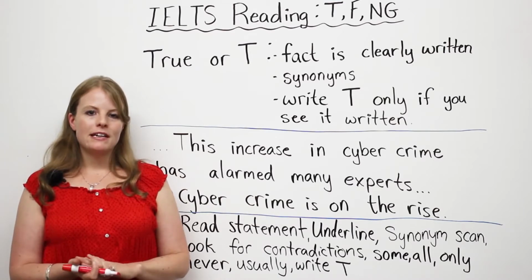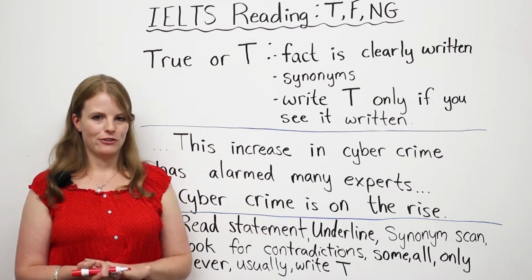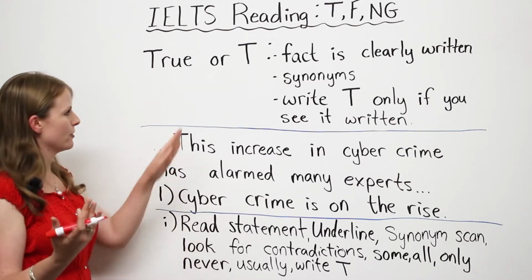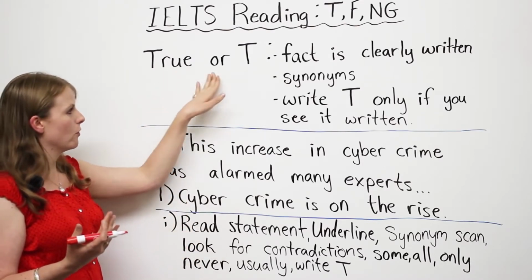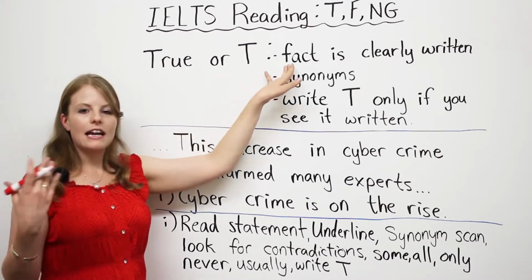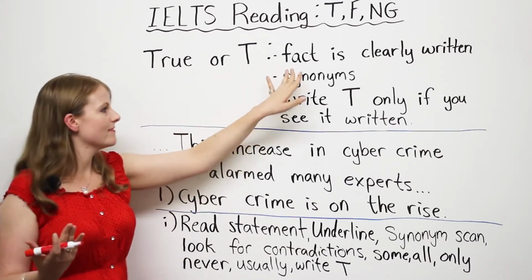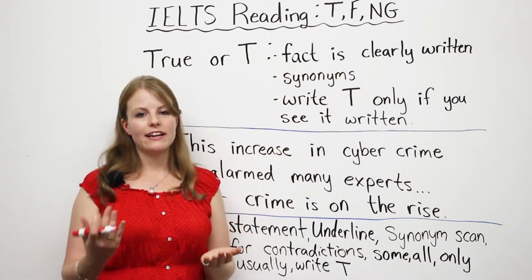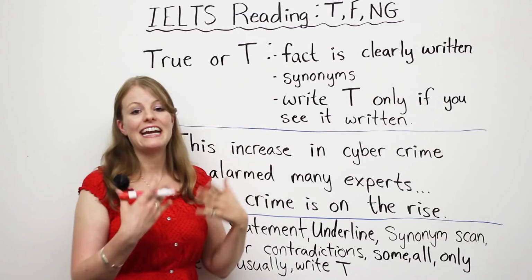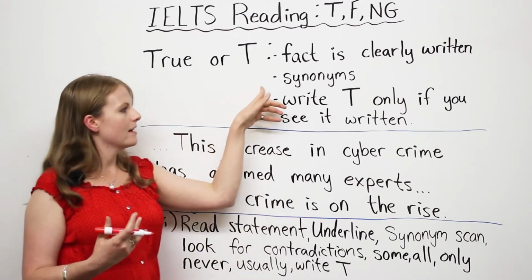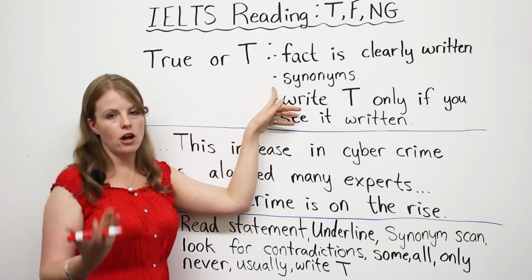Okay, so let's get started. What do they mean by true in these questions? When would you write true? I will show you. You can write true or T. T is shorter. If there is a fact and it is clearly written, you write T. If the fact is clearly written in the reading, you would write T. You'll often see synonyms.